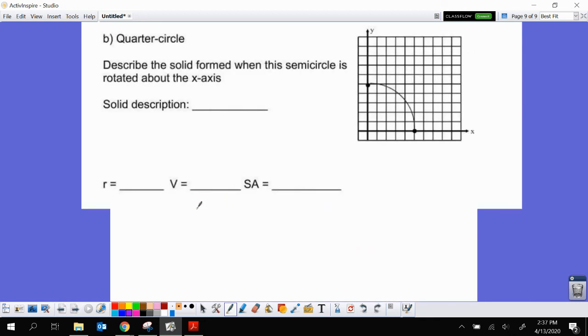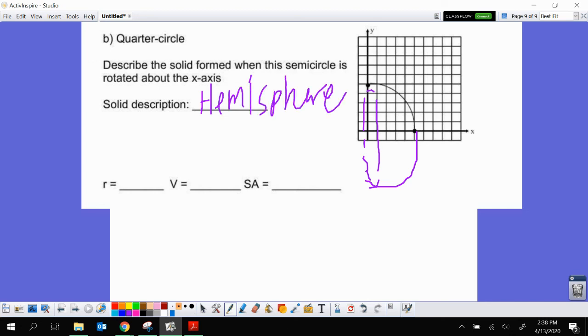As you probably know by doing other sphere examples, that's not always going to be the case. Last one, we have what is called a quarter circle. Describe the solid form when this is rotated around the x-axis. If this is rotated around the x-axis, it's going to look something like so. So what we have here is a hemisphere. If I count the radius here, our radius would be 5.